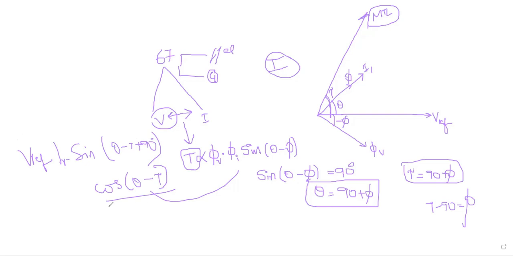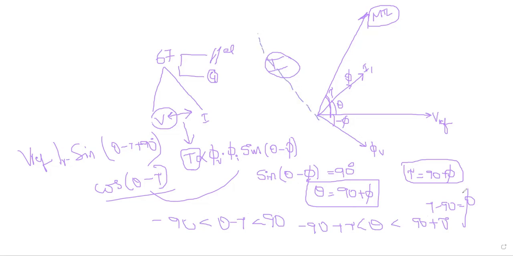So it depends upon cos of theta minus tau. So theta minus tau should lie between minus 90 degrees and 90 degrees, that is, theta between tau minus 90 and tau plus 90.